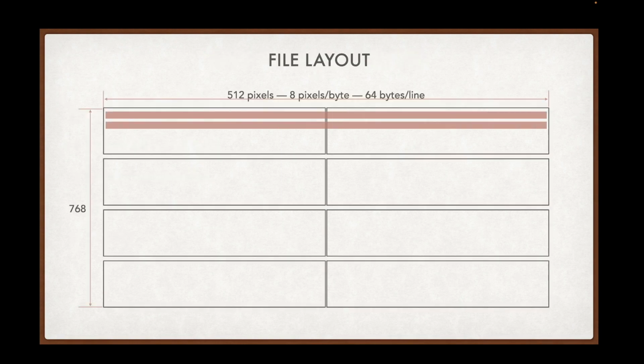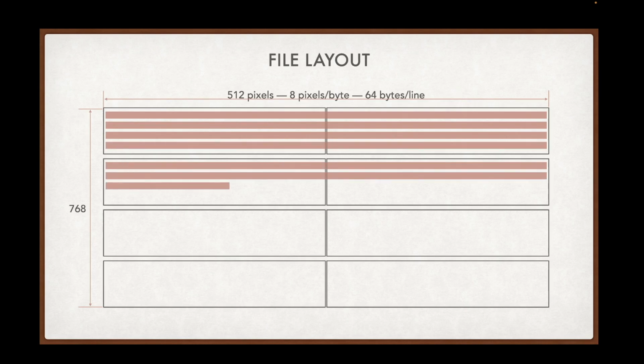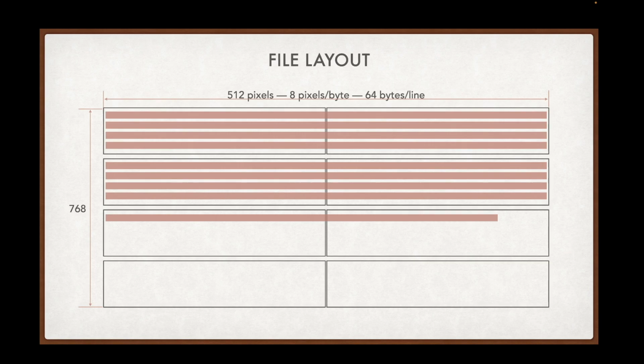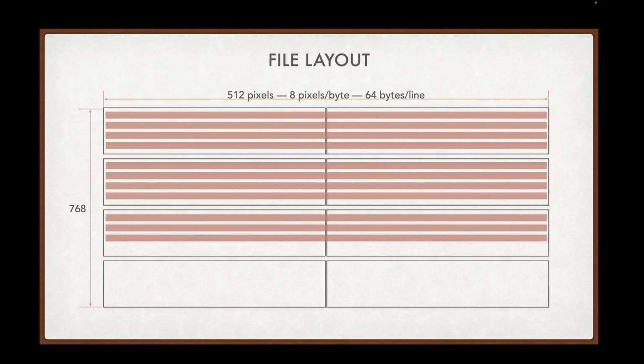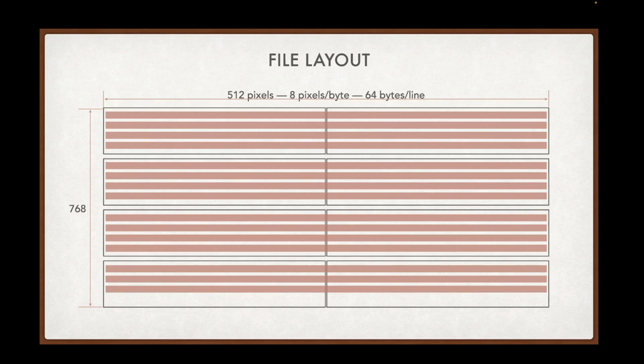As we previously described, the program that combines the tiles combines the 2 screens across into one line. So we have 512 pixels or 64 bytes on each line in the file. And then that continues down for all 8 tiles, or 4 tiles down.